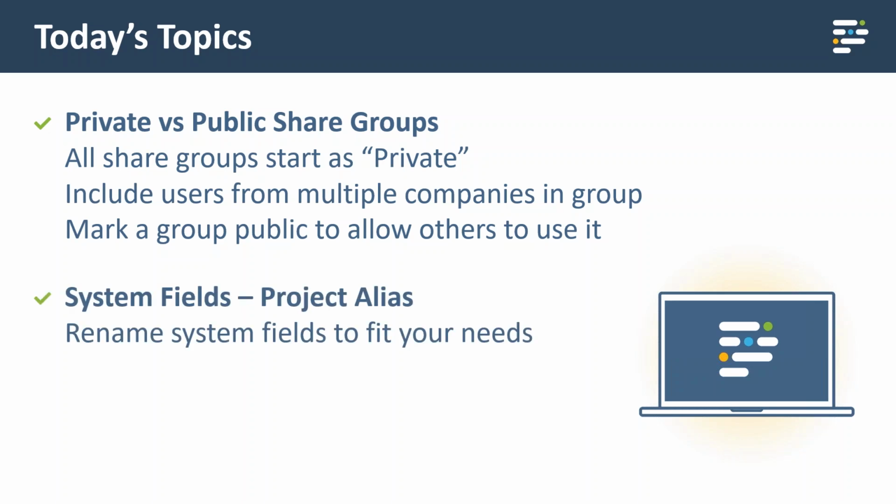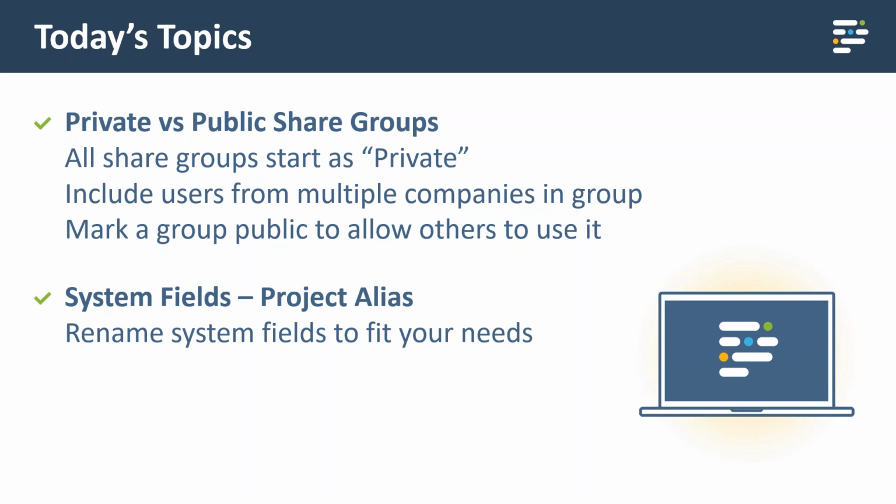The second item in this release, and really the second and third item, was improvements to our system fields. As many of you know, we have out-of-the-box things we call system forms. Those are typical construction industry forms like RFIs, punch lists, field reports, submittals, contracts. Those are all pre-built for you in the system.